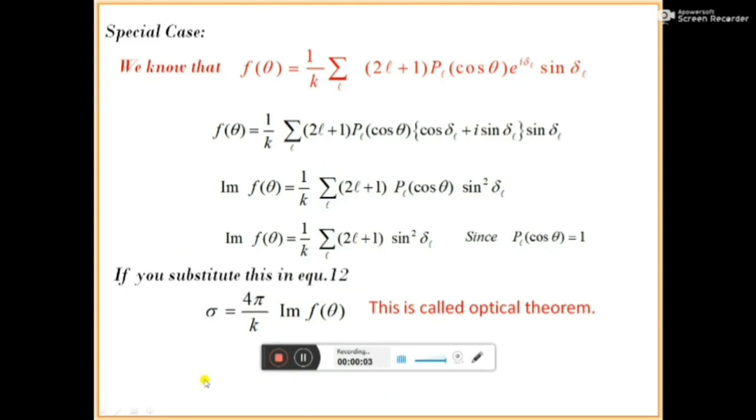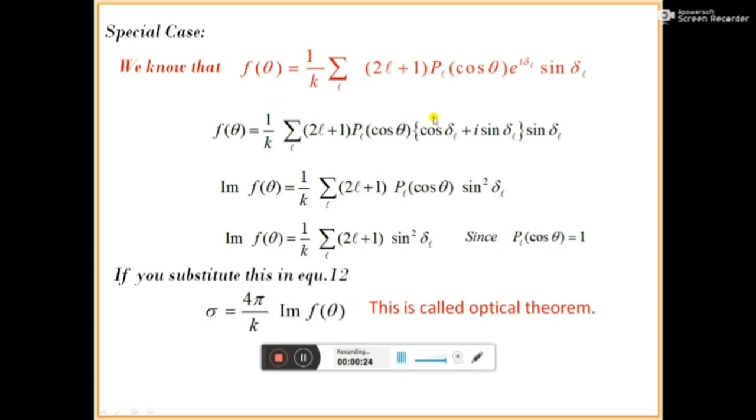Let us now see the special case. We know that f of theta is equal to 1 by k, summation over L, 2L plus 1, PL of cos theta, e power I del L sin del L, which we derived already.